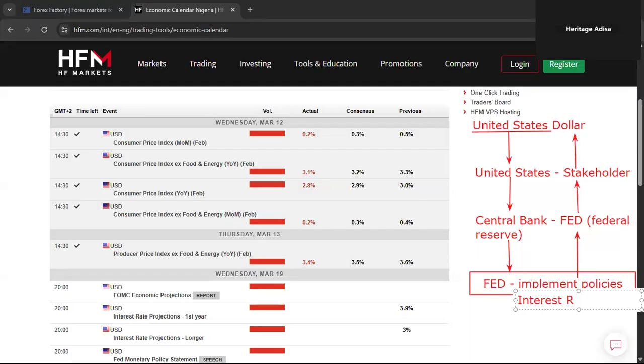As a policy that the central bank can implement in a nation, it is either the central bank hikes interest rate or they look to cut interest rate, which means it is either the central bank looks to increase their interest rate or the central bank looks to cut their interest rate.